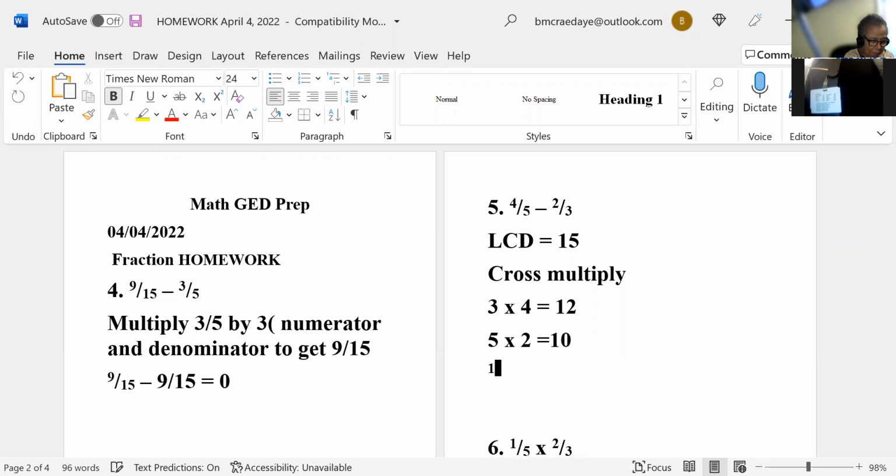I'd have 12 over 15 minus, because this is subtraction, 10 over 15. And what is that equal to? That will equal 2 over 15. That's right. 2 over 15, and that's your answer. You put here answer. And over here, the 0 was the answer.